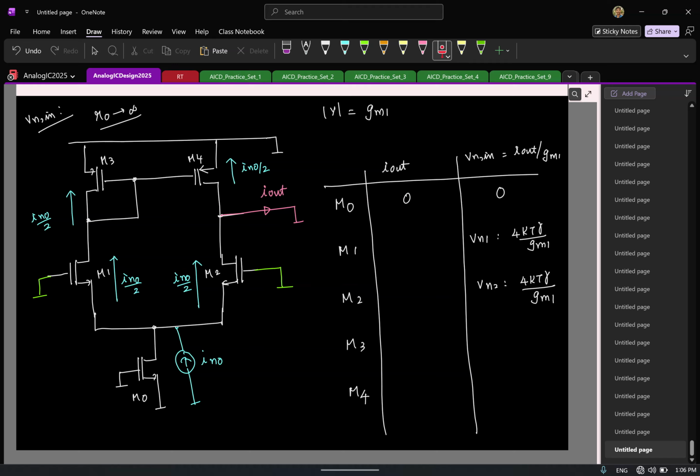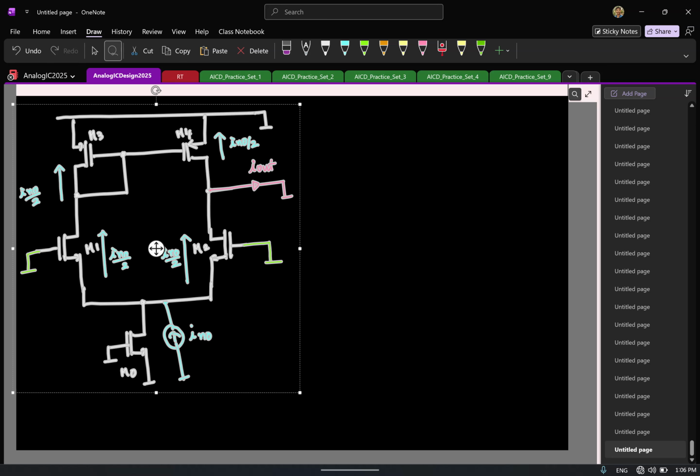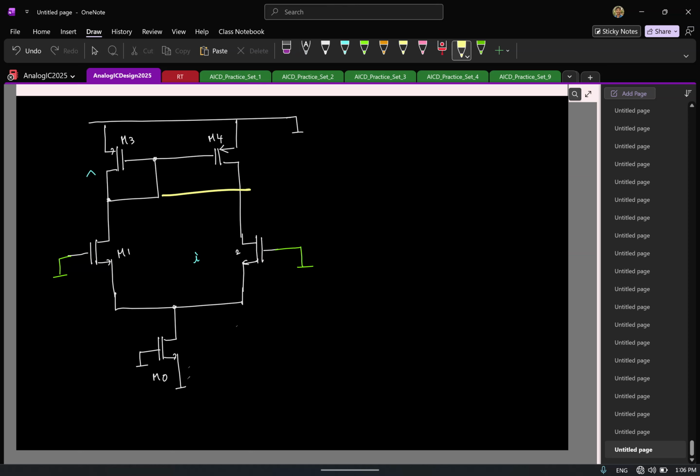Let us say I'm trying to find the common mode behavior, which means equal voltages on both sides. So how do you simplify the circuit now? You can basically short them. Now if this is open circuited, what will be the current flowing? So the output will be 0, right?